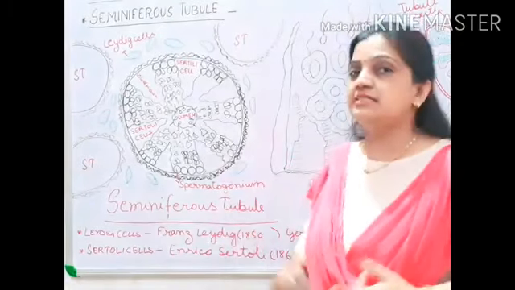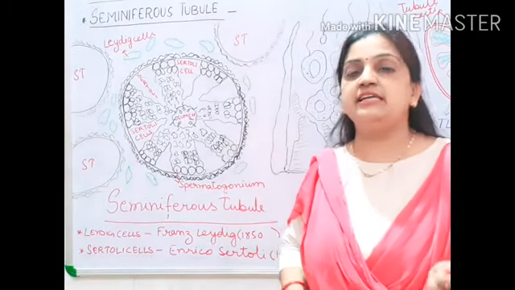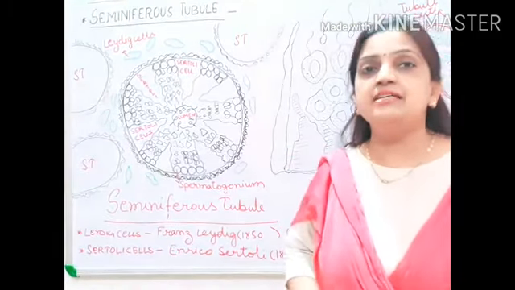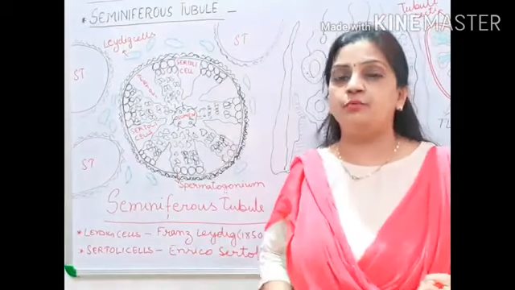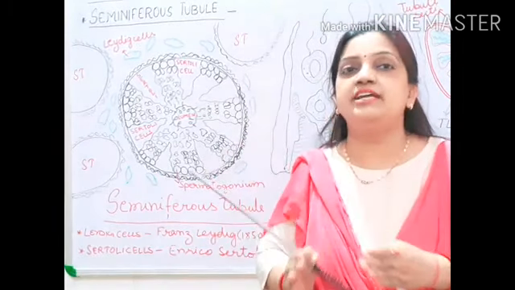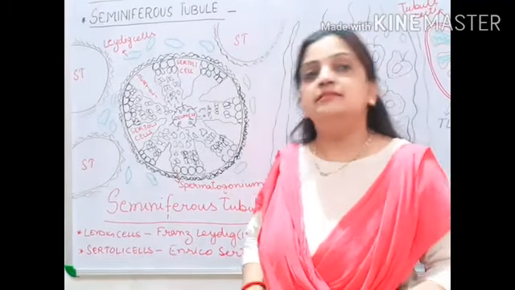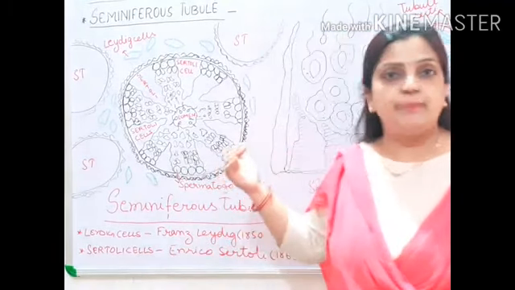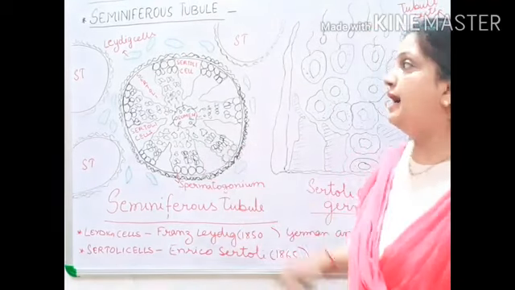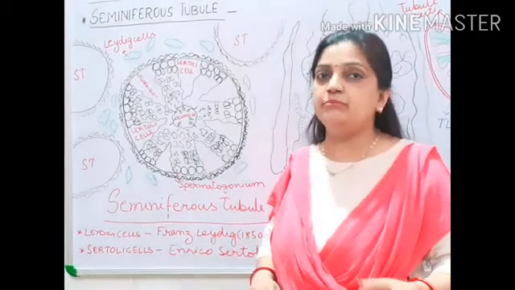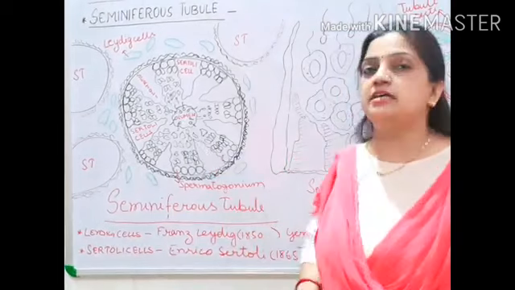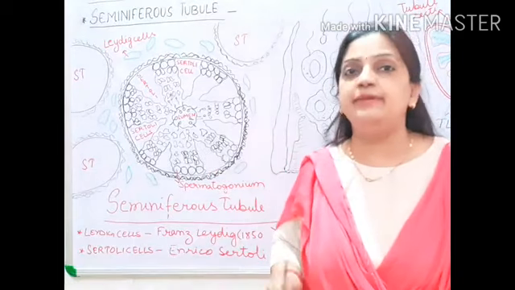Again I repeat, Sertoli cells secrete ABP, which allows the testosterone hormone to concentrate at a place so that they can develop the spermatozoon, sperms. And the second protein, the second chemical which is secreted by Sertoli cell is inhibin.